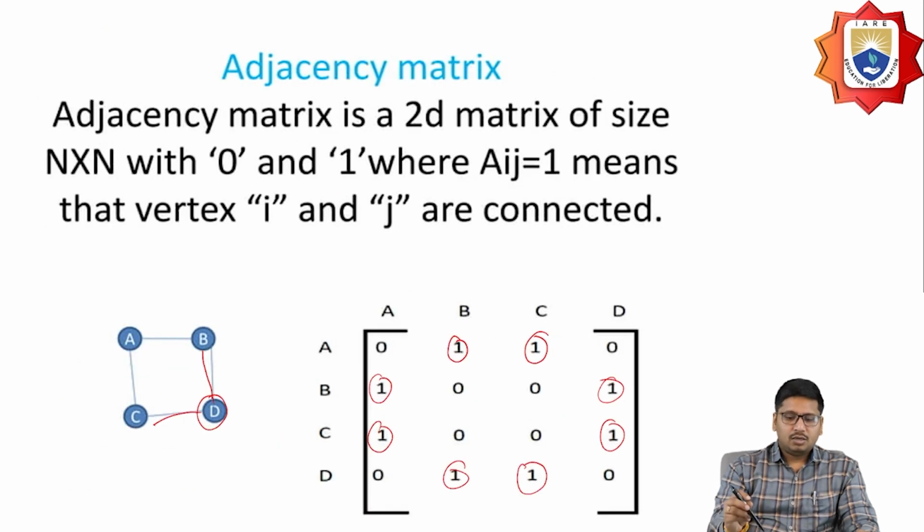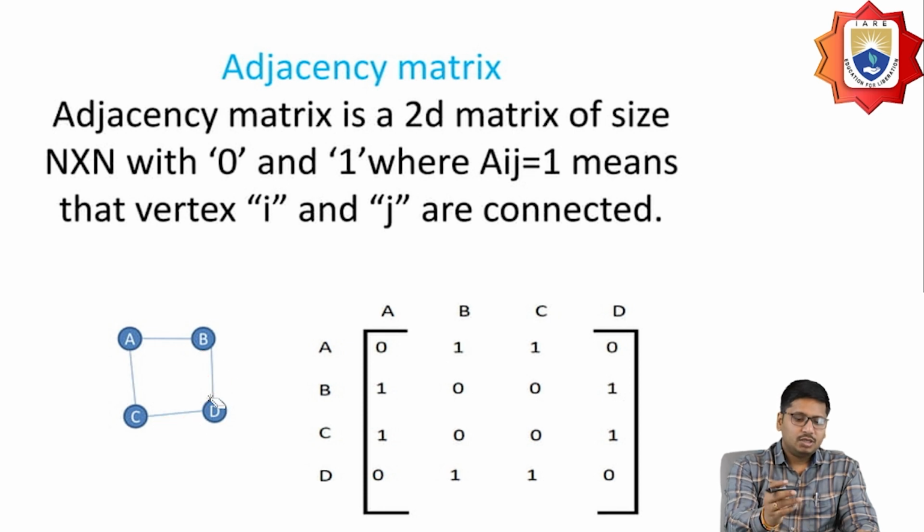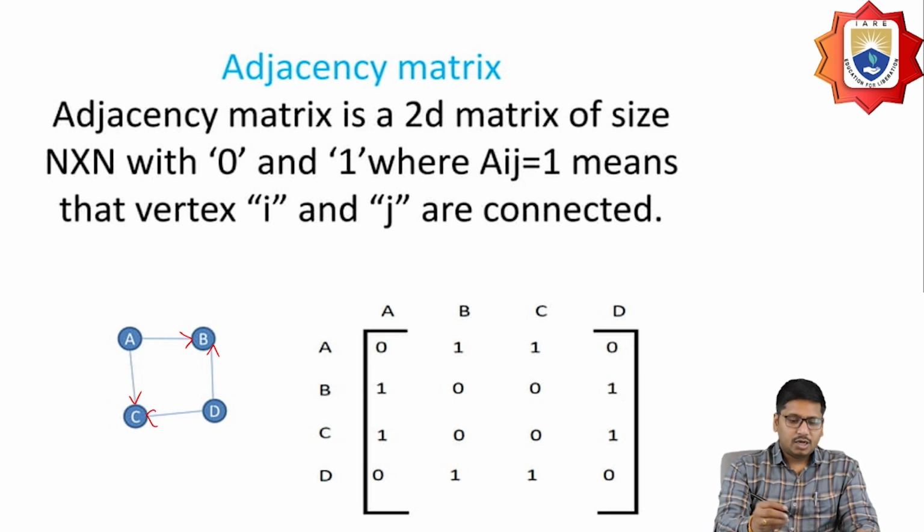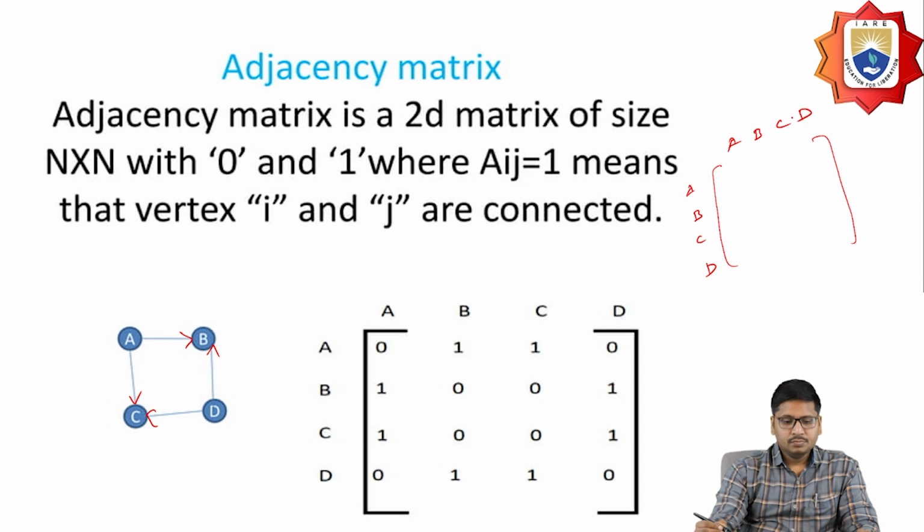Similarly, this matrix will be different if I consider directions. Suppose in this directed graph, this is how the adjacency matrix looks.